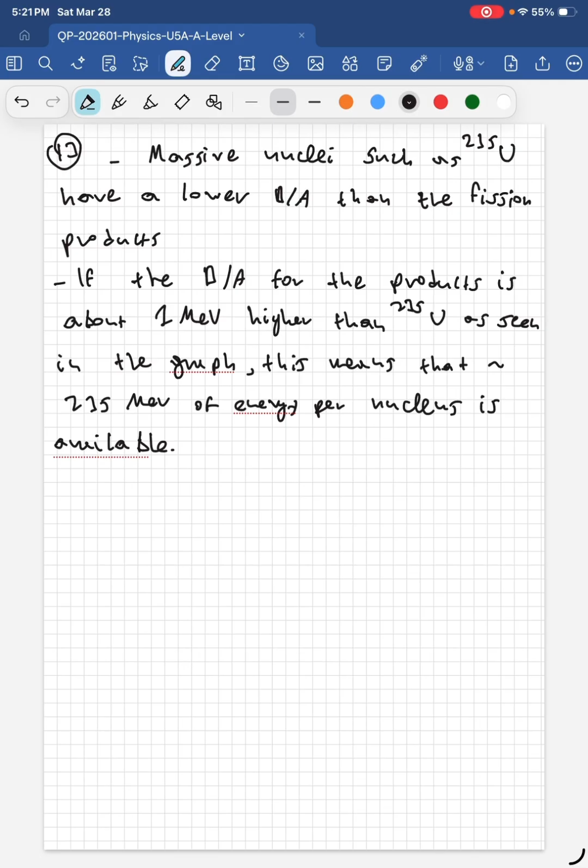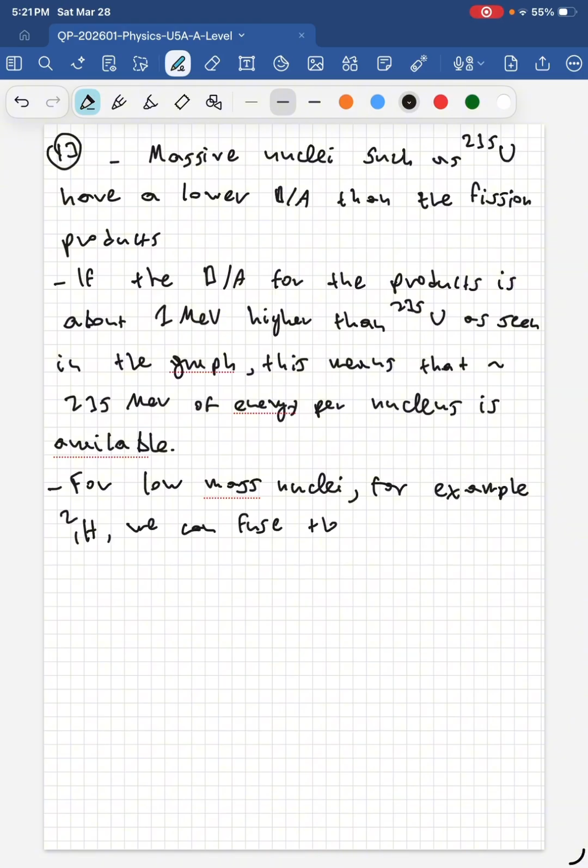For low mass nuclei, for example hydrogen-2, also known as deuterium, we can fuse them into helium-4.